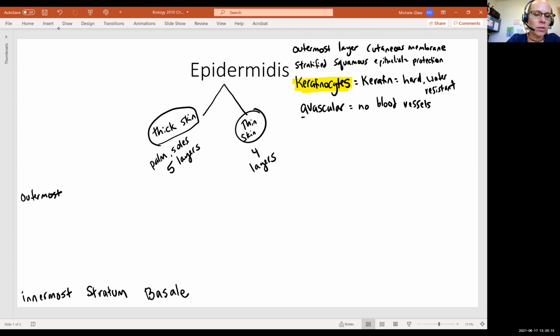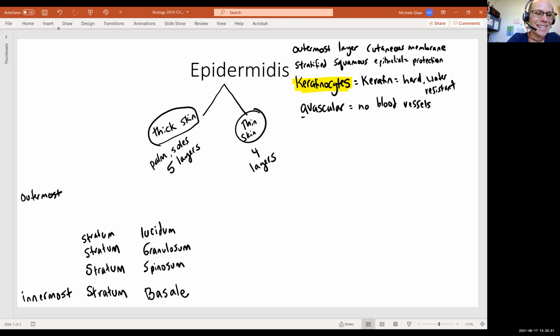And then we have stratum spinosum. We have stratum granulosum. We have stratum lucidum.